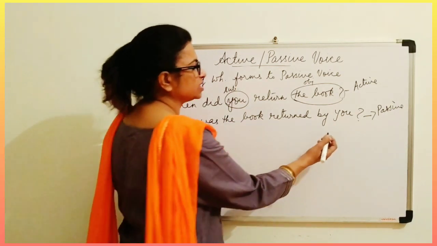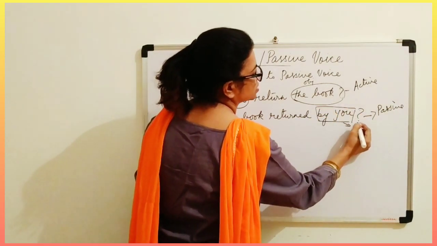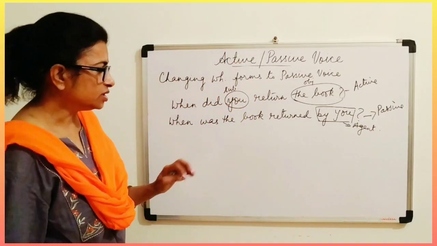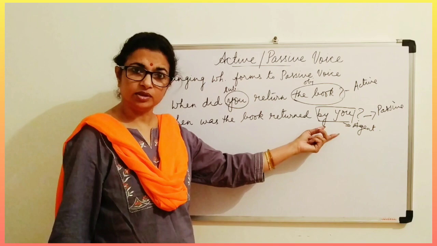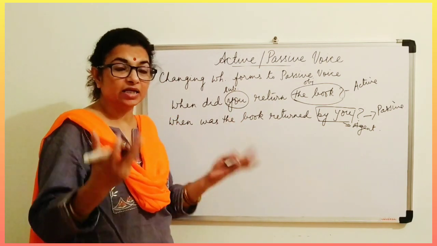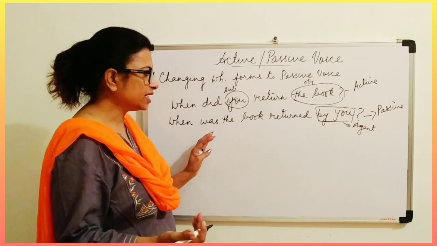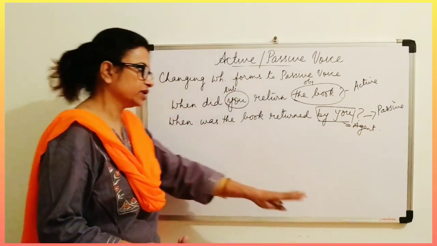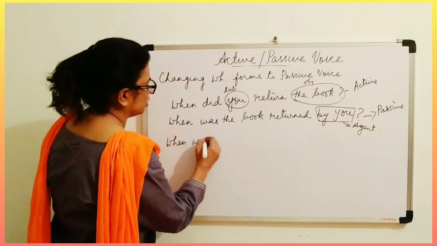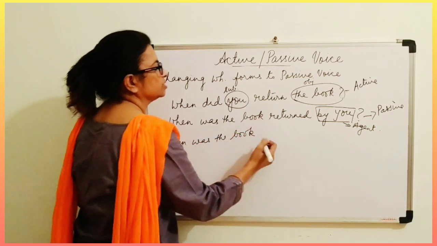Now see here, this is agent. Now suppose if I think that this is not important, but when was the book returned? The time is more important for the person to know. In that case, we can omit this. Okay, and it can be written as when was the book returned?